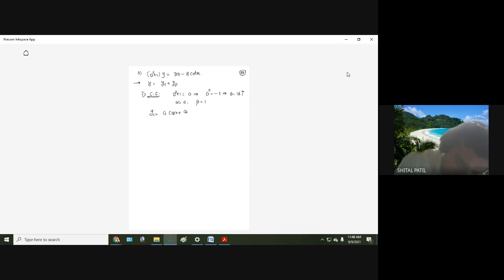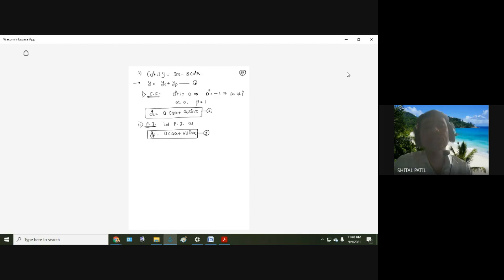So I hope everyone remembers the complementary function formulas. Let the particular integral be as before, where C1 and C2 are to be replaced by u and v.